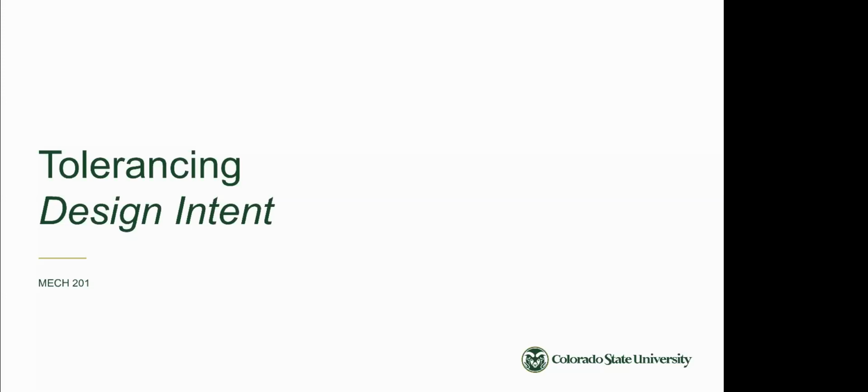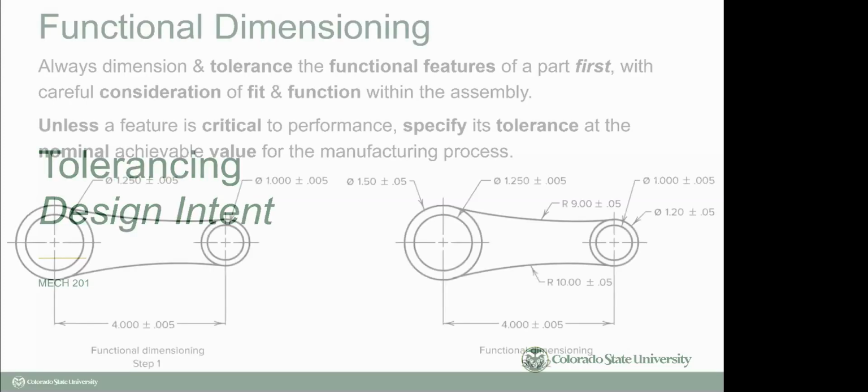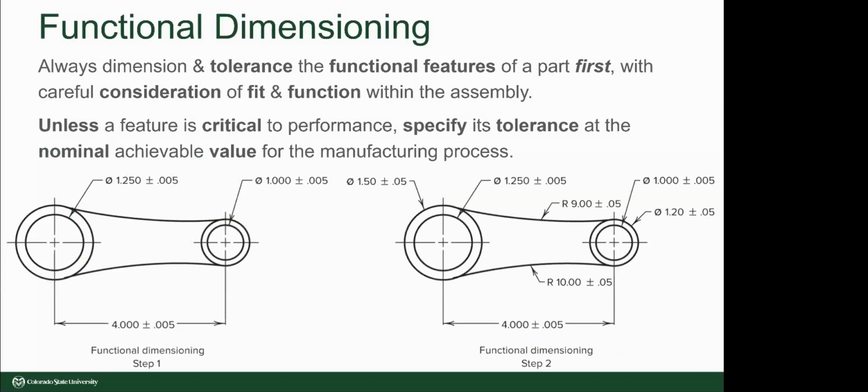Design intent, so the functionality and the fit of your designs is what influences the tolerances that you need to hold on the design. Now that we know how much tolerances affect cost, we must be very deliberate in specifying those tolerances. Of course, the number one priority of tolerancing is to guarantee our assemblies fit together and function as intended.